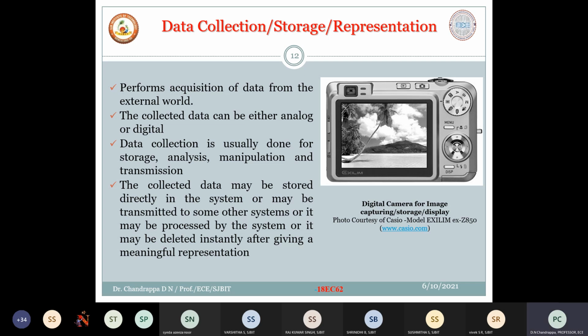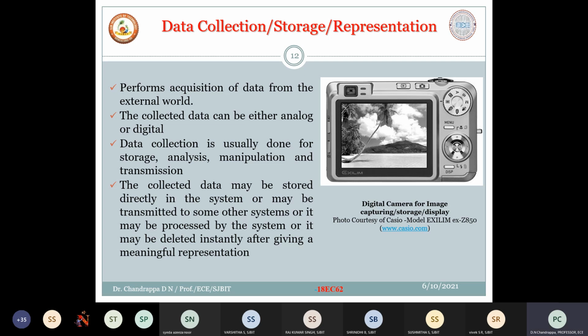Usually the purpose of a digital camera is to capture the image and store the image. If you want, you can modify it. Then finally display that stored image. That is the purpose.